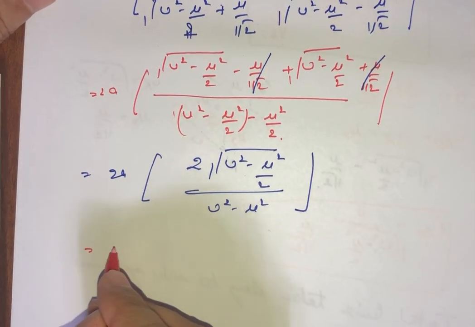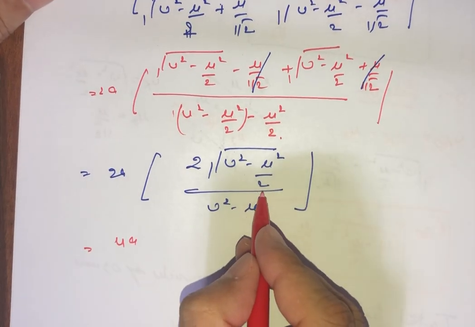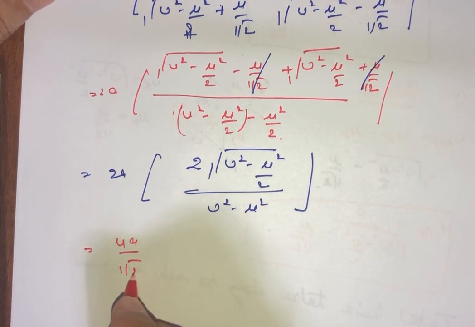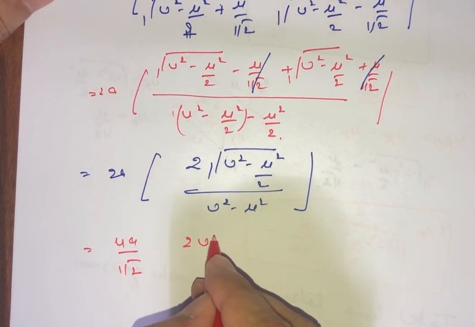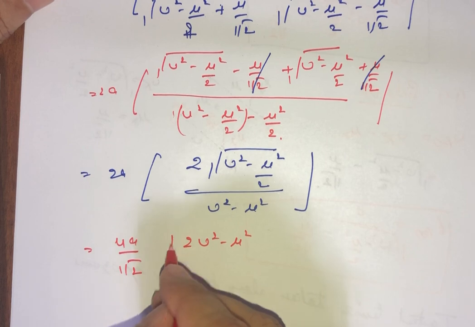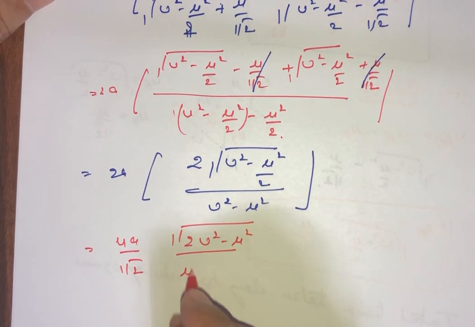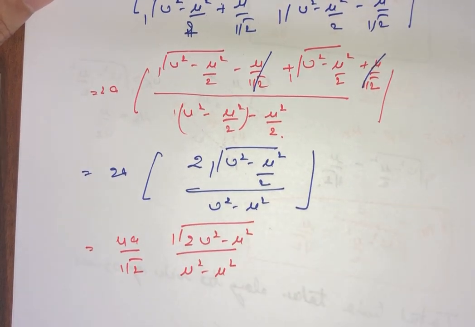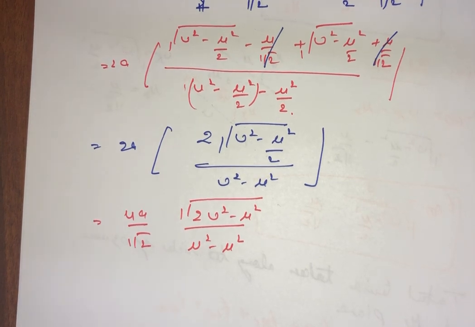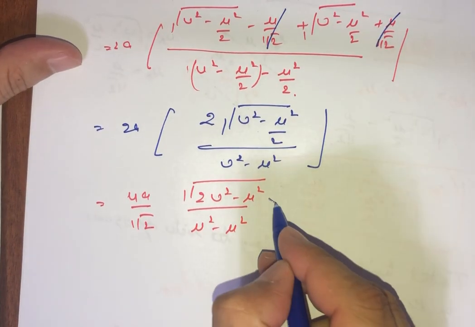Now this will be 4A, we take 2 as LCM, this will be square root of 2 outside, we get 2 square root of (v square minus u square) times square root of 2 divided by v square minus u square. Now we divide and multiply by square root of 2.